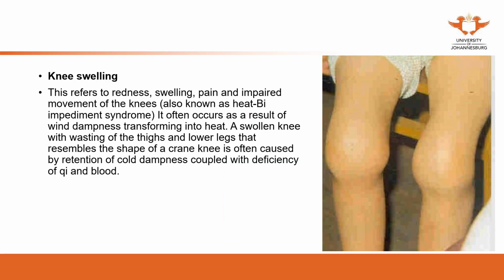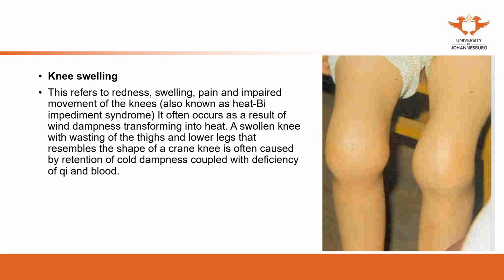Knee swelling. This patient can present with knee pain. And this mostly happens in the inflammation of the bones or arthritis. How do we explain this phenomenon in our theories? The cold dampness causes the qi blockage or the deficiency of qi and blood.